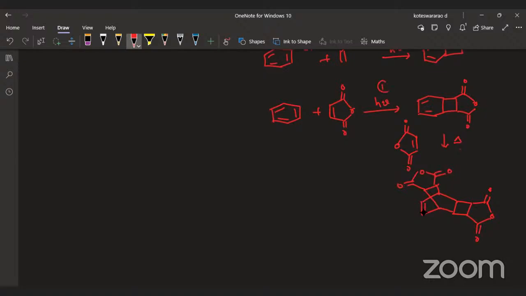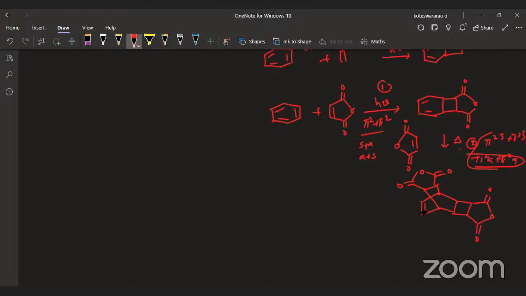The first step is the photochemical addition reaction. The second step is the thermal addition reaction. Both are pi 4 plus pi 2 cycloaddition reactions, but the reaction may undergo supra-antara mode of addition or antara-supra mode. But under thermal condition, the pi 4s plus pi 2s cycloaddition, both are suprafacial or both are antarafacial additions, but that is geometrically not possible.